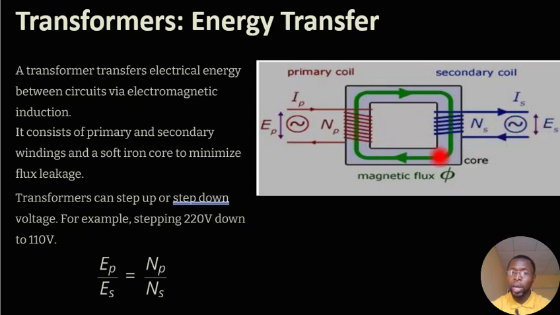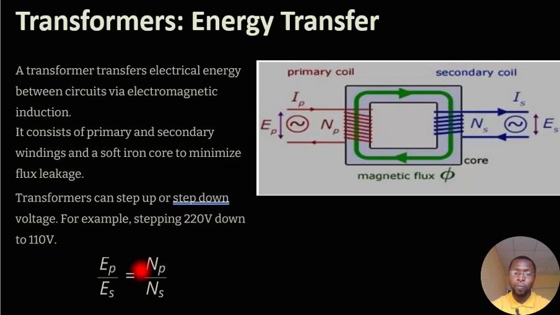Whenever ES is smaller than EP, or NS is smaller than NP, just see it as a step-down transformer. But in the reverse case, where NS is bigger than NP and ES is bigger than EP, just know that it is a step-up transformer.